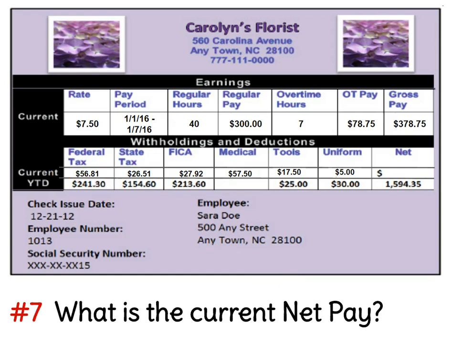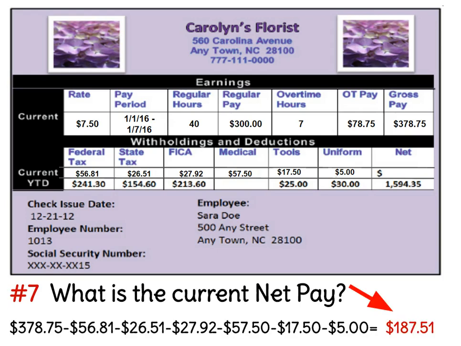And our final question, number 7, what is the current net pay? To find the current net pay, notice it is not on this pay stub, we must take her current gross pay and subtract out federal and state taxes, FICA, medical, and then she has some tool expenses and uniform expenses for the job.